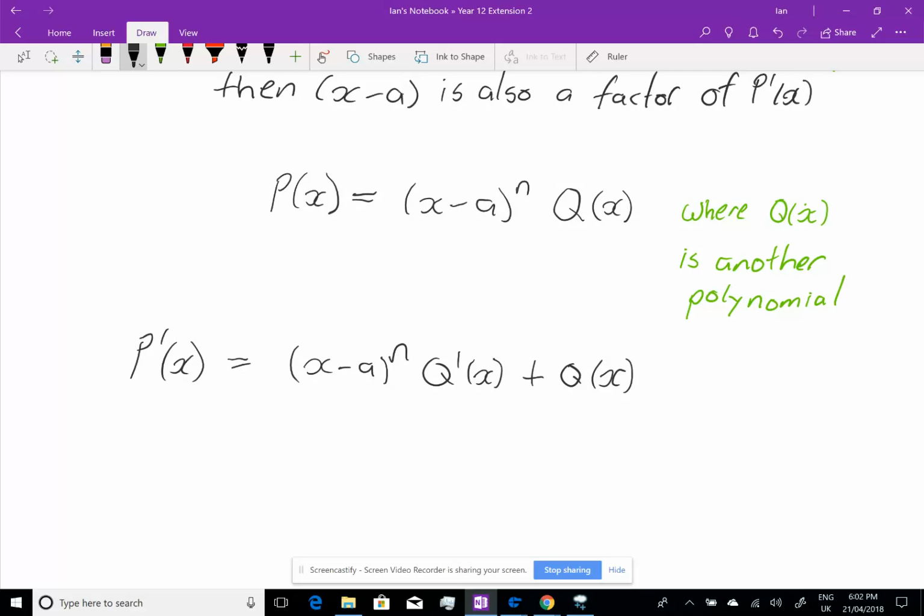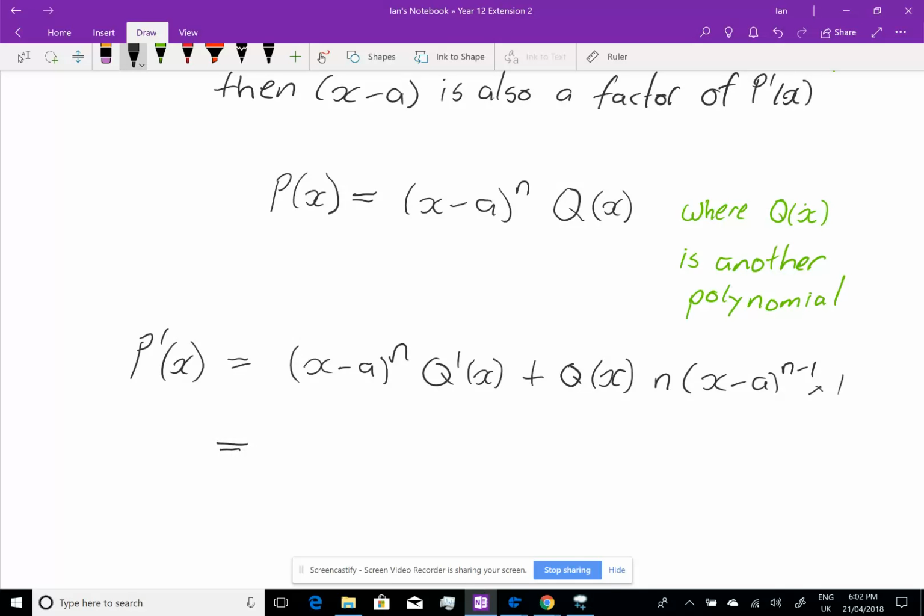Well, on that first, I'll use the fat finger rule. I'll bring the n down. I'll have x minus a, and I'll take 1 away from the power. And because it's linear in there, I'm just going to multiply by 1, the derivative of what's inside. I can write it, but I don't need to.